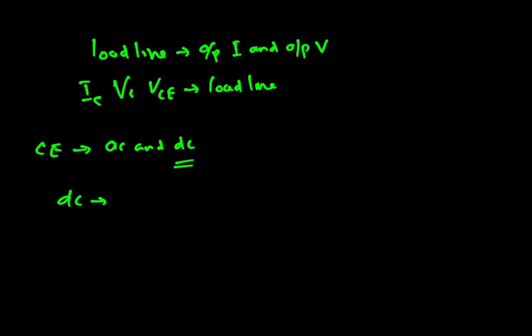In that case we have the output DC current as IC and the output DC voltage as VCE.